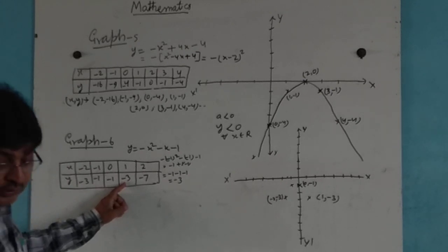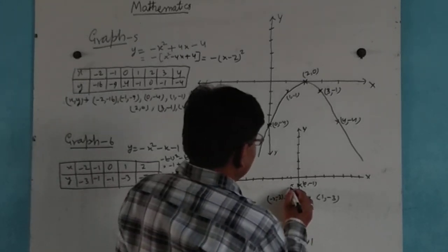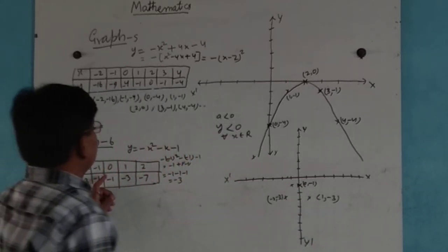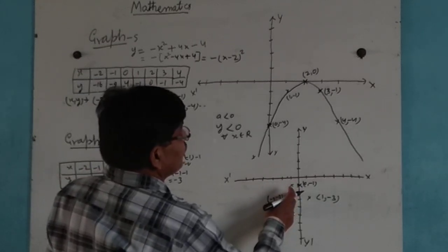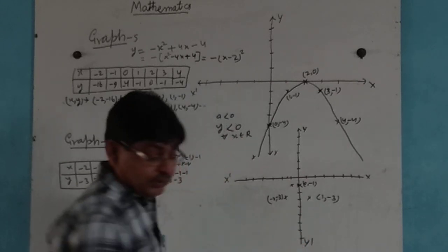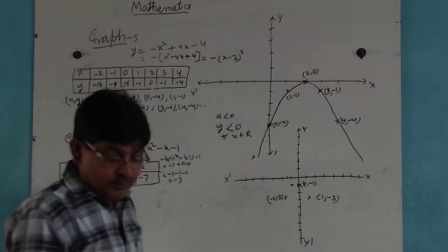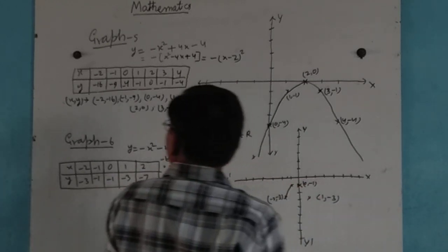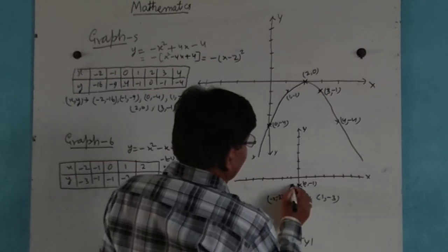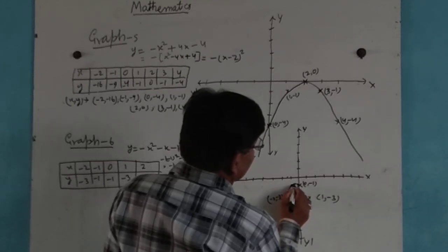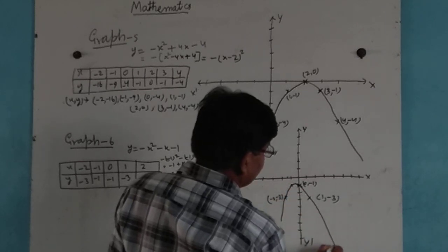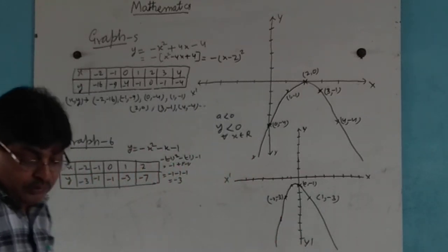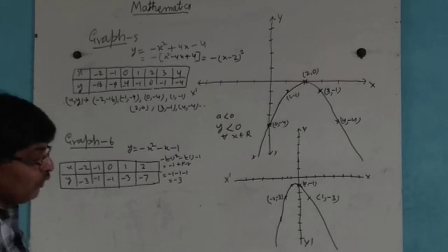It means that our graph passes through this point and this point, this point and this point, so our graph is passing through here, and also passing through here. This type of graph we get.